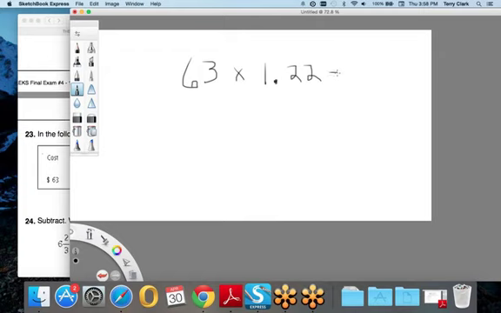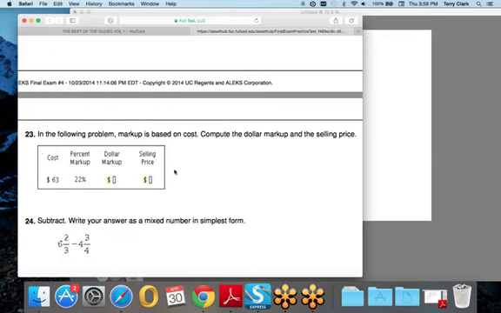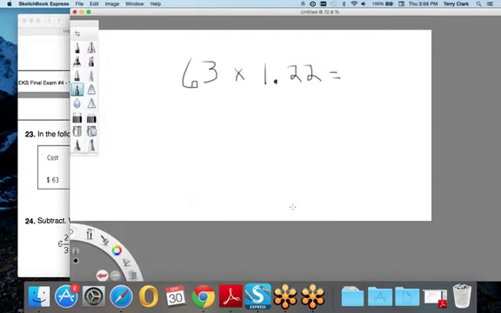That allows us to add the 63 to the percentage markup, so we can do it all at once, and that's going to give us the selling price, not the actual markup. If we wanted the actual markup itself, that's going to be 63 times 0.22. We'll do both because we need both anyway.